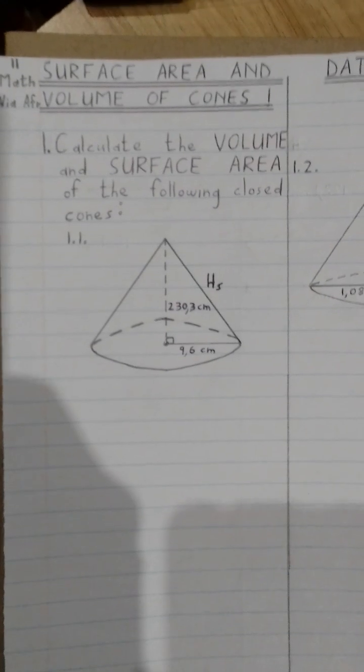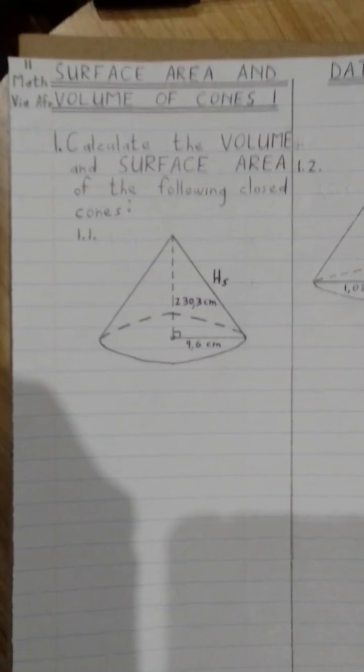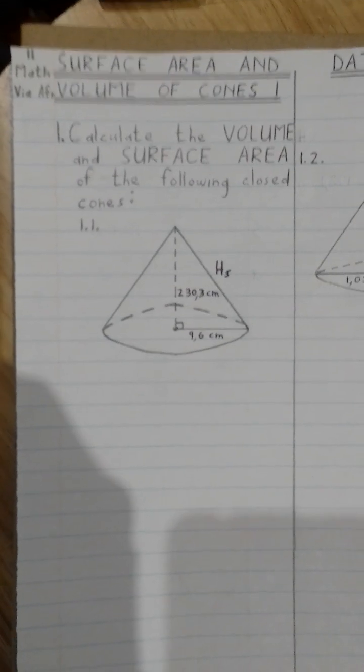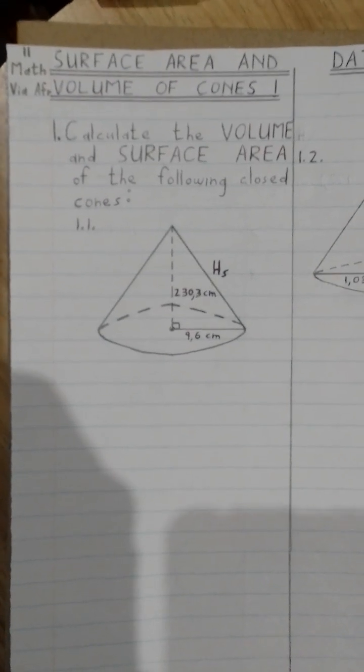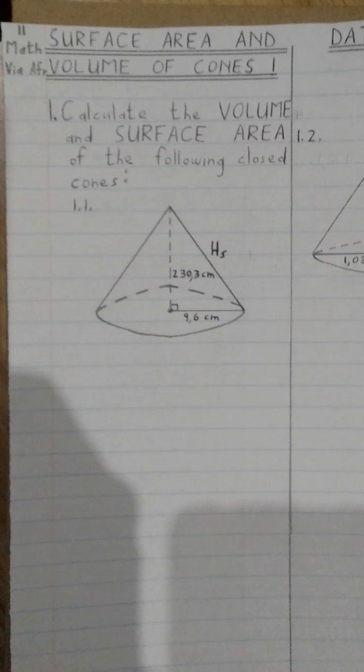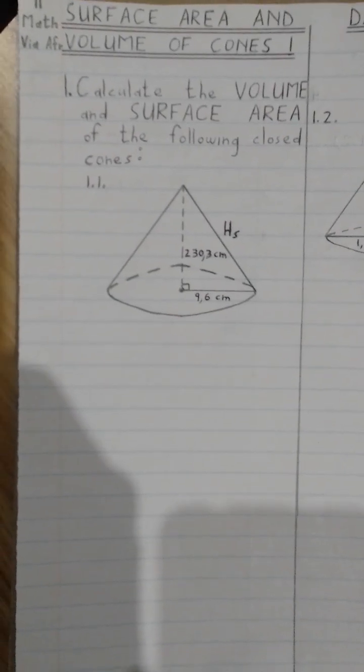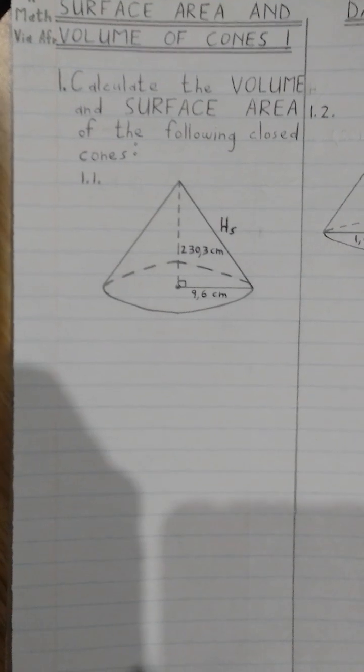So number 1 states, calculate the volume and surface area of the following closed cones. Now since it says closed, we assume that the bases are closed, right? 1.1, we have that cone. Okay.